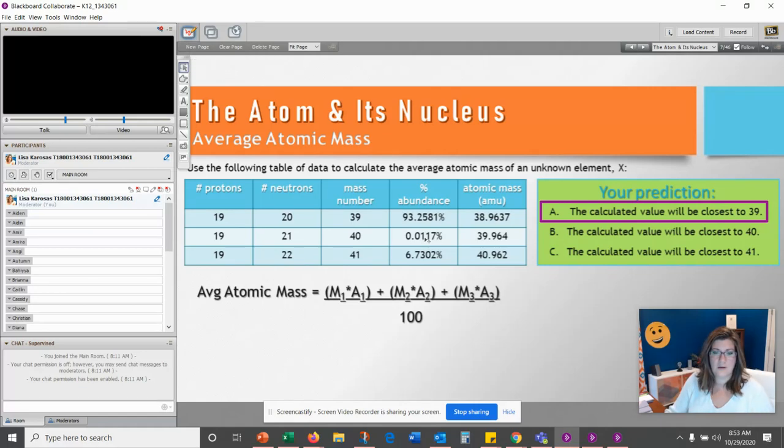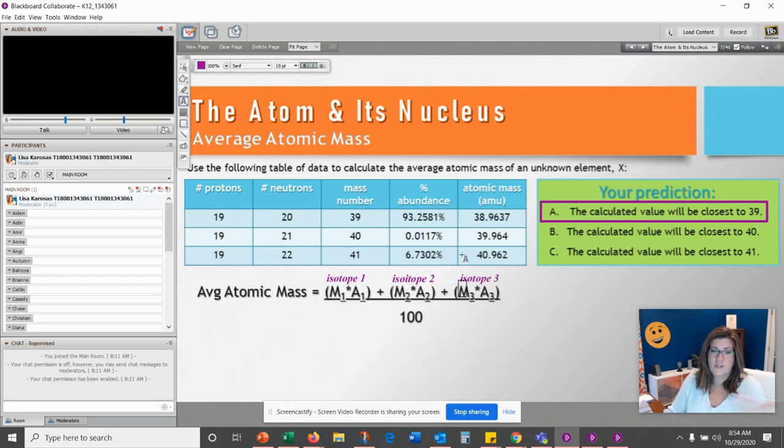But in actually completing the calculation and identifying what you have going on, recognize that there are only 2 variables here. There is mass and there is abundance. So we're looking at 3 different masses, 3 different abundances. These each represent each isotope. So we have isotope 1, isotope 2, and isotope 3.